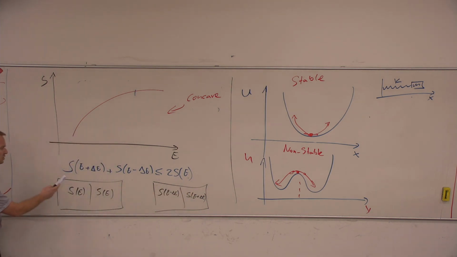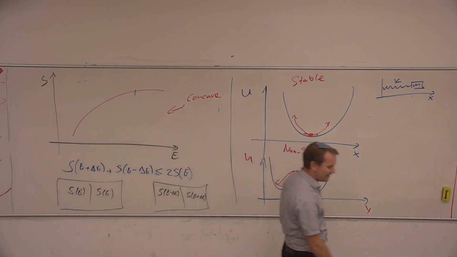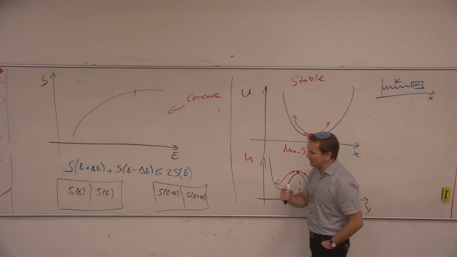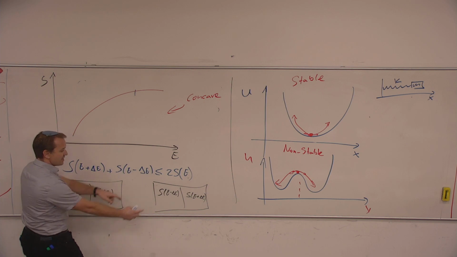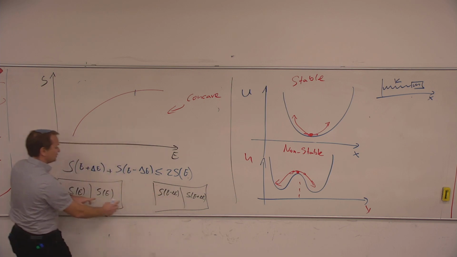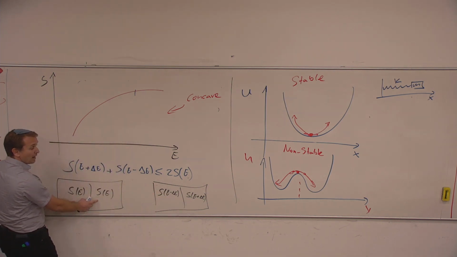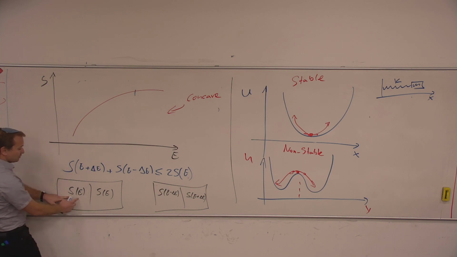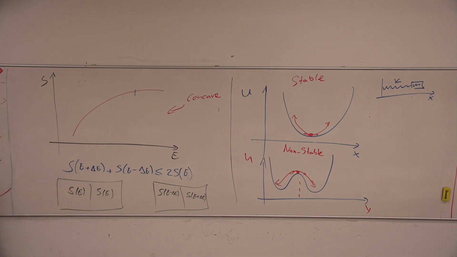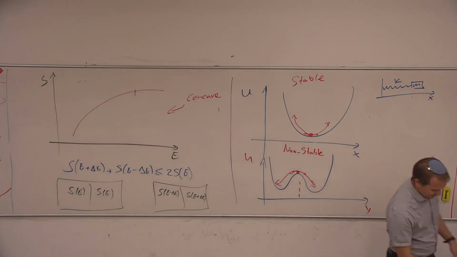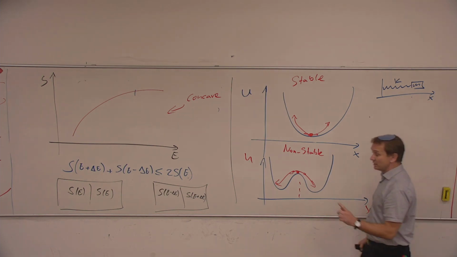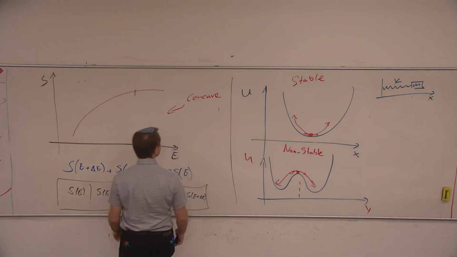This is how the condition of concavity appeared. Otherwise, if it was convex and the entropy of this system would be larger than the entropy of this system, the entropy of the left-hand side would flow to the right-hand side. And this is something that I cannot obtain in equilibrium, because entropy is in its maximal state.